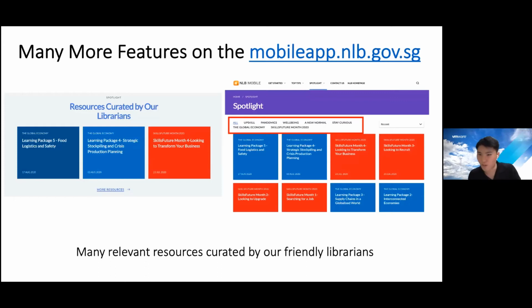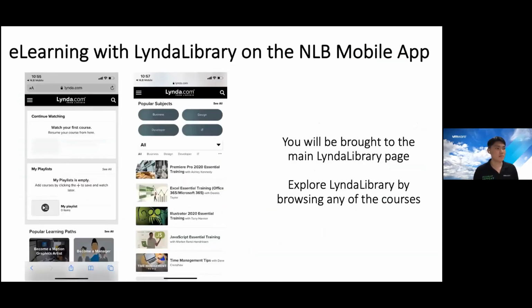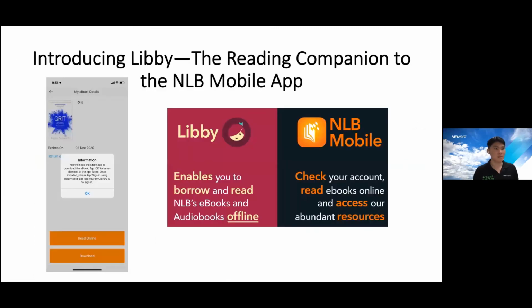And I saw another question from Hilda regarding if I borrow an ebook from the NLB app and I want to read offline, how do I get to Libby? So regarding that question on Libby, how can we download that? Once you have searched for the particular ebook that you're interested in, you could go all the way to the bottom of the page where you can click on the download button.